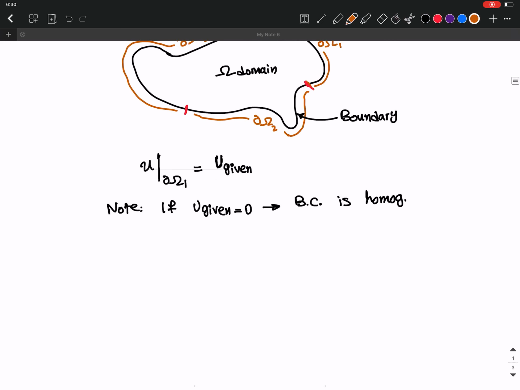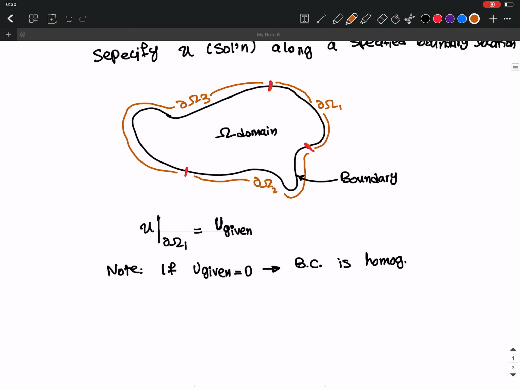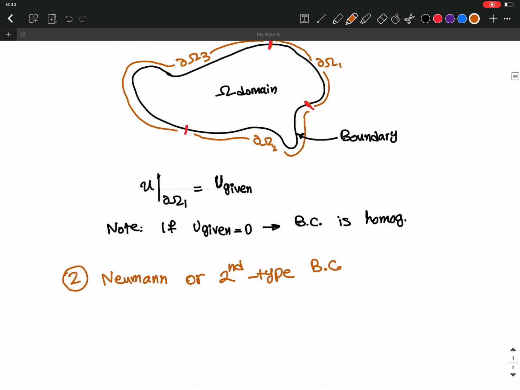So the second type is the Neumann, or second type boundary condition. The first one was Dirichlet, the second one is Neumann.